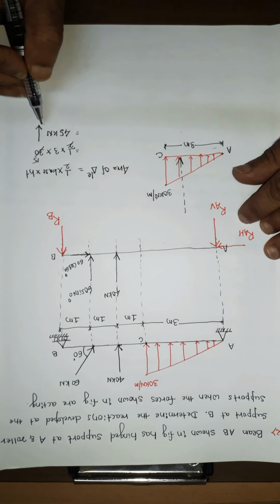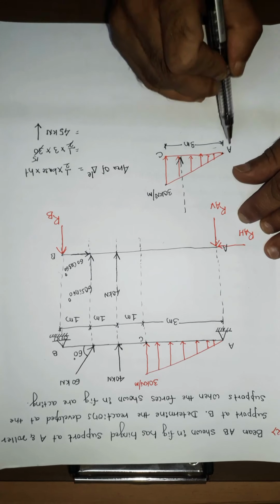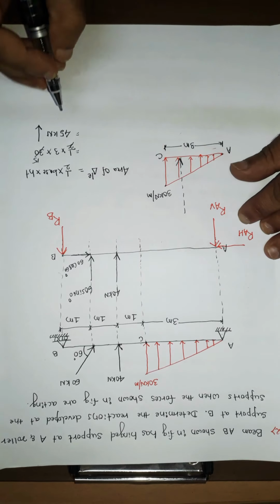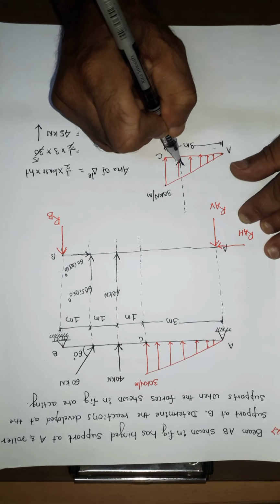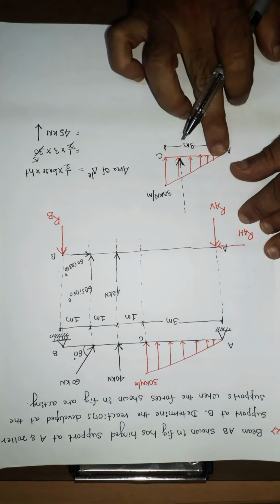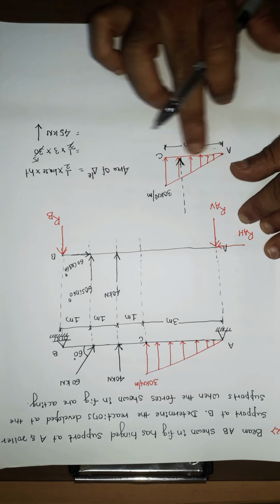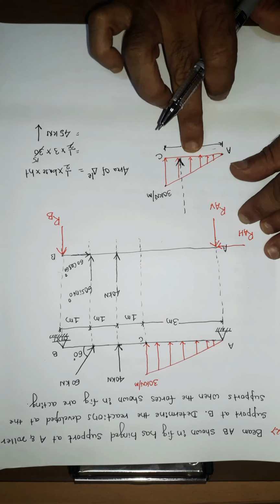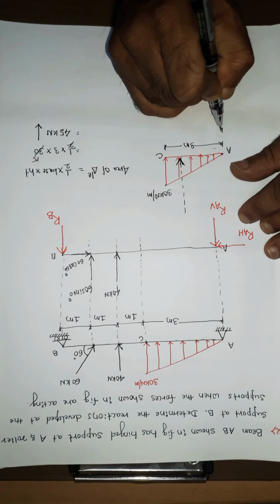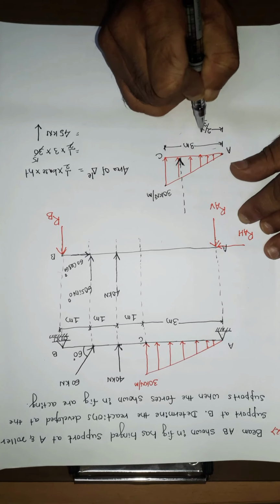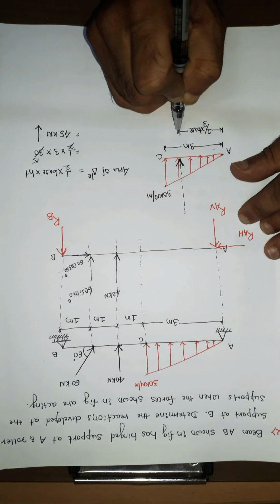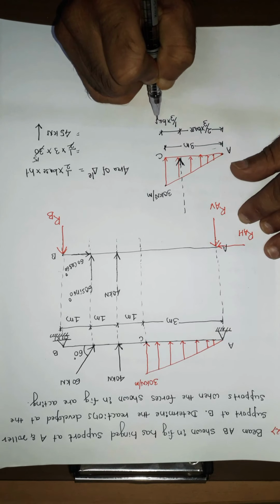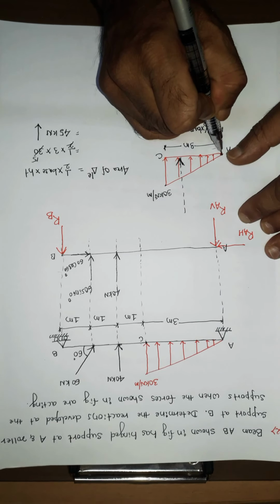Now the question arises where this 45 kilonewton load will be acting, at what distance from A and from C. Remember, this 45 kilonewton will not be acting at the center. For UDL it is the center, but for a triangular load, when you convert it into a point load, the point load does not act at the center. It is at a distance of 2/3 of the base from the zero-intensity end, and 1/3 of the base from the other end.